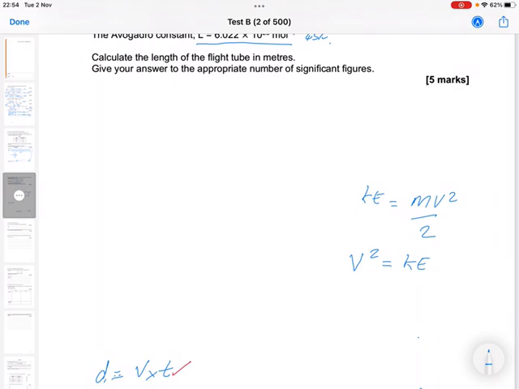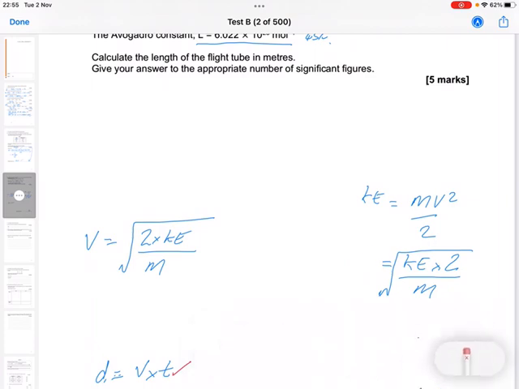If I multiply both sides by 2, the 2's cancel, so it's going to be kinetic energy times 2, and divide both sides by m, so that cancels out on the one side, and that gives me that. And then to get rid of the squared here, I need to do the square root of that. So my velocity is equal to the square root of 2 times the kinetic energy divided by the mass. So again, that's my working out done.